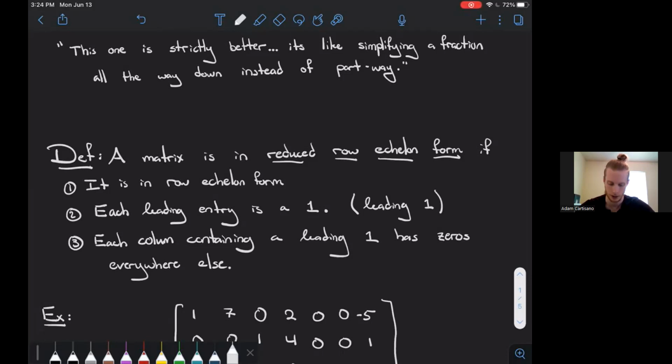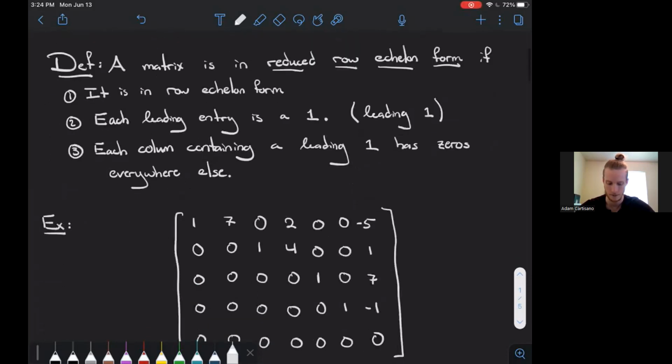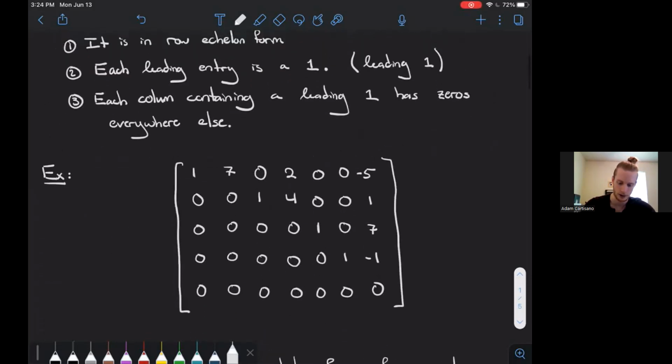Okay, so let me show you a nice big matrix that's in reduced row echelon form. In row echelon form, we still have our leading ones. Every single one of them has to be to the left of all of the leading ones below it. If we have a row of all zeros, in this case we do, that has to occur at the bottom.